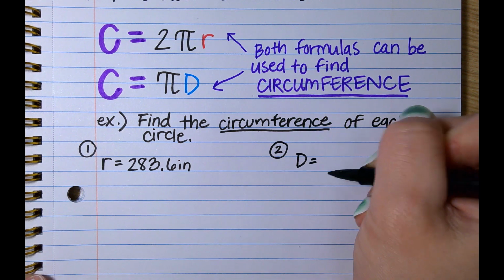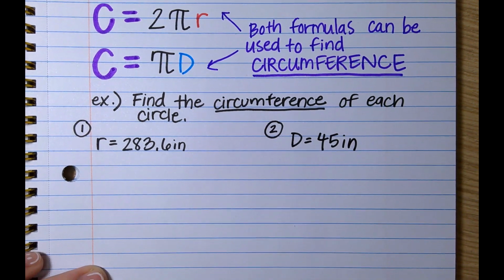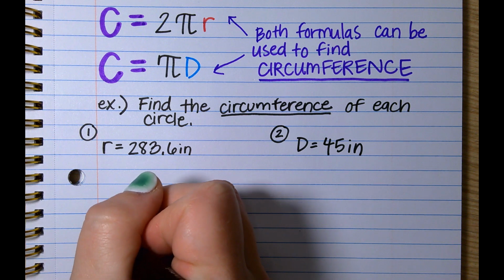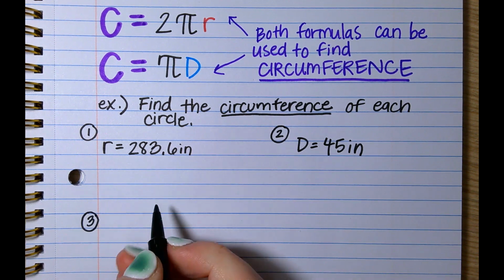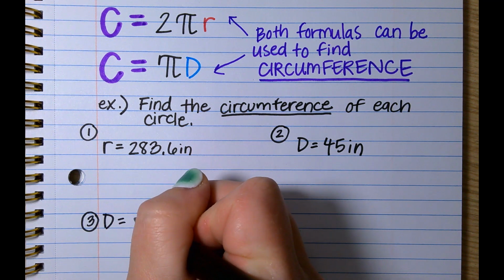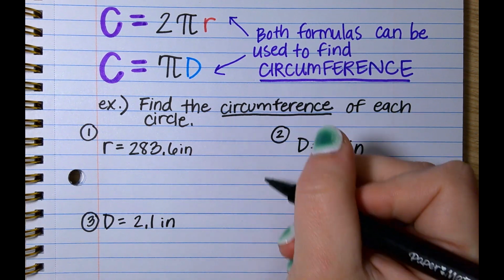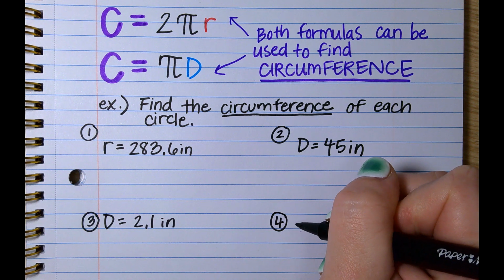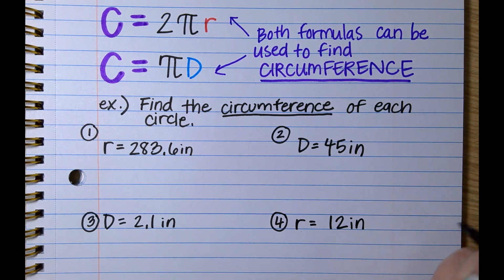Diameter is 45 inches. Three. 2.1 inches. And 4. Let's do a radius of 12 inches.